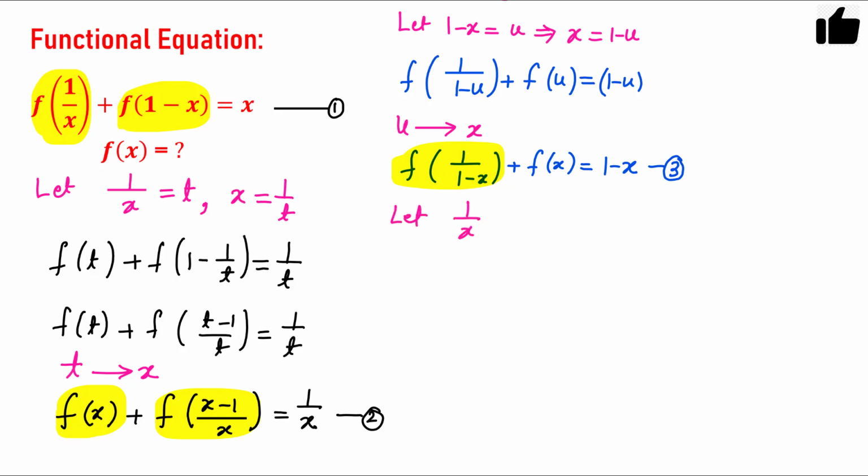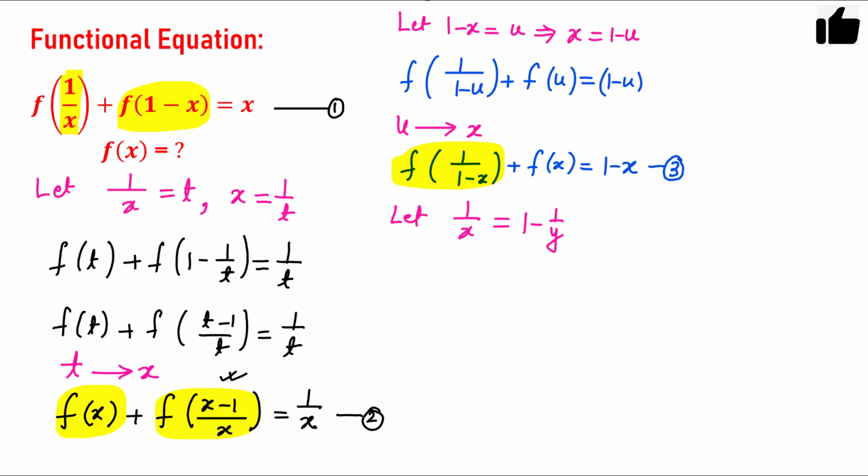1/x = 1 - 1/y. So this term 1/x, here you have this term 1/x. So this term I am substituting with 1 - 1/y, and the motivation is coming from the fact that this term is what?